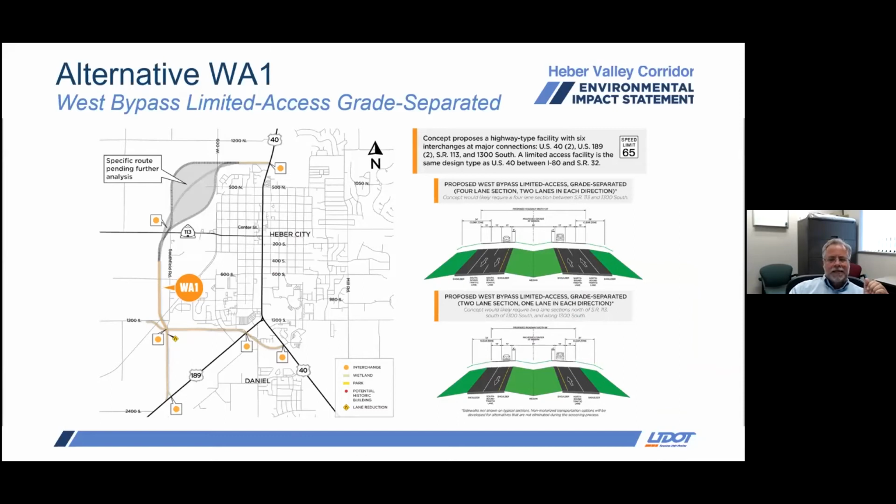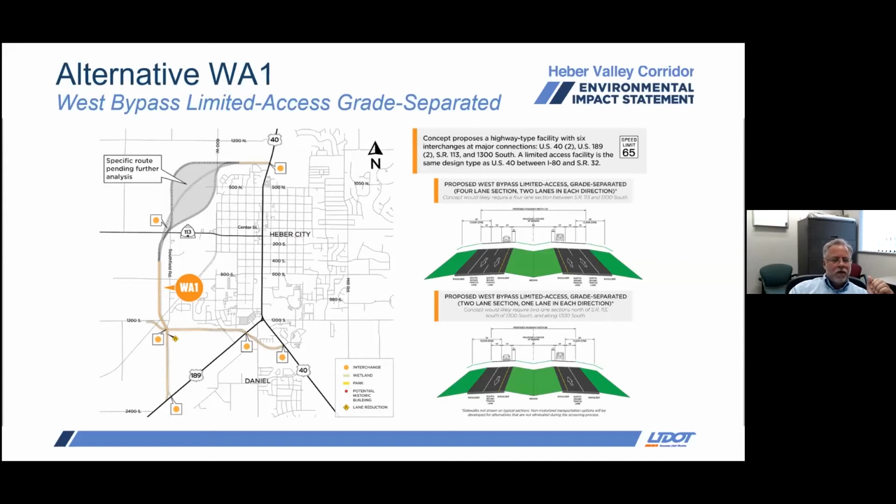This is the highest speed west bypass alternative with the fewest connections to other roads. So this is basically a 65 mph highway type facility. It's also grade separated, which means that traffic traveling on this bypass would not have to stop for the different crossroads, because we would be bridging across each of the crossroads.